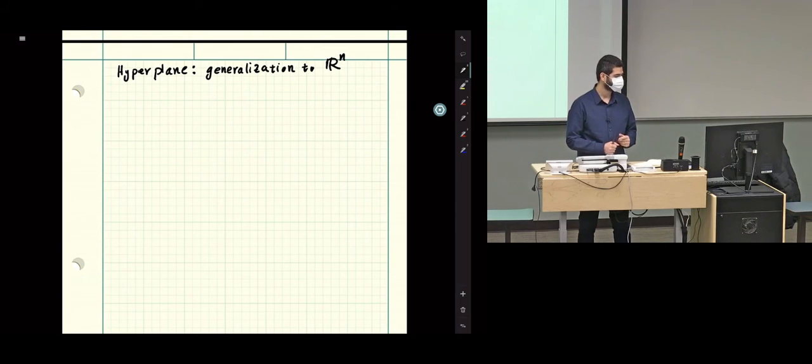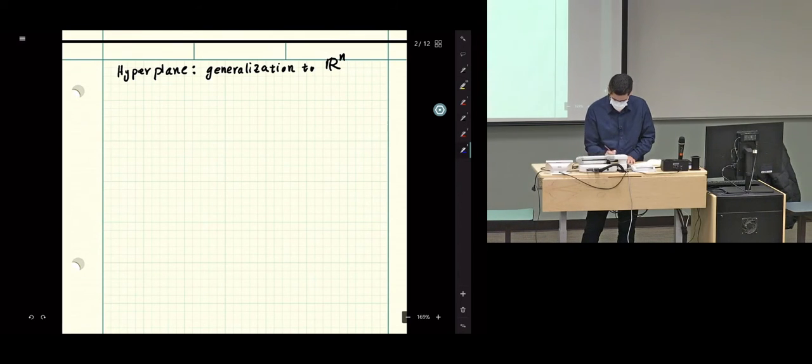It's not trivial to visualize higher dimensions in an understandable way. So we're going to just focus on a more abstract definition instead of visualization.